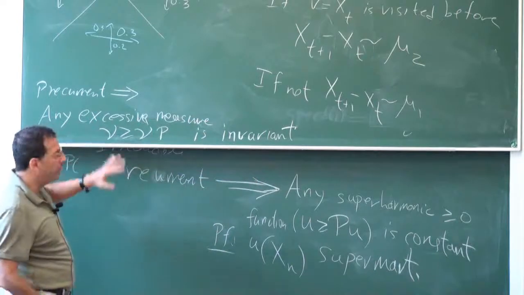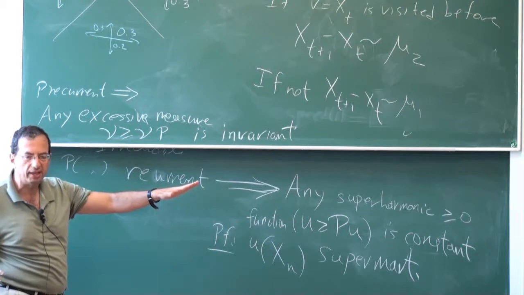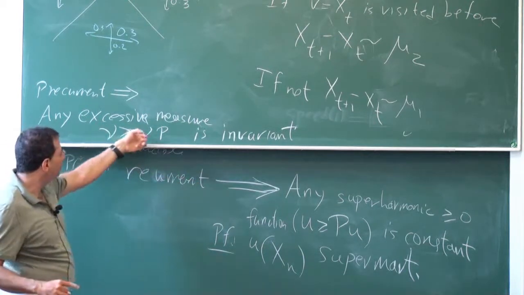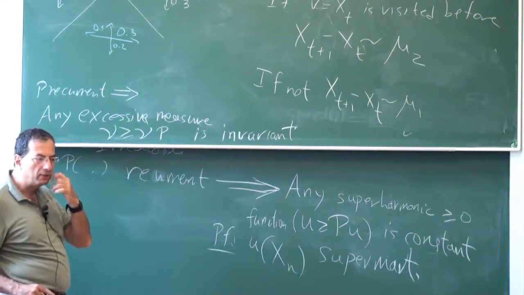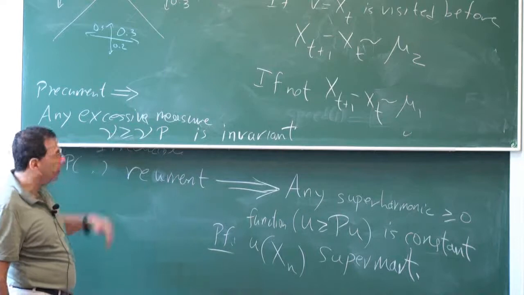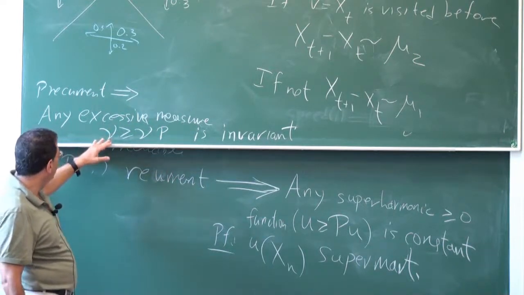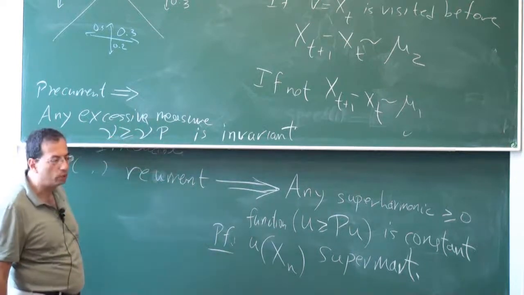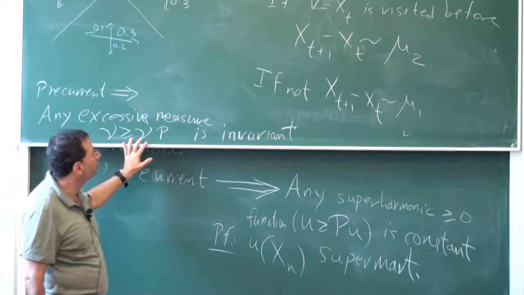Okay, so we have a measure nu, which is a positive measure on the state space. We don't assume it's finite, but it's a positive measure. And it satisfies the inequality that if you take nu and multiply by P on the right, then nu is greater than nu times P. In the recurrent case, this forces nu to be invariant, so nu actually equals nu P. And this is if and only if.